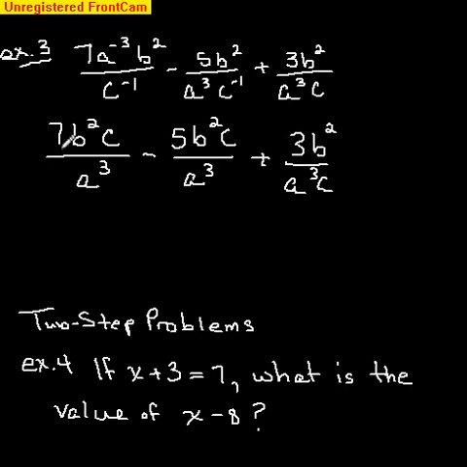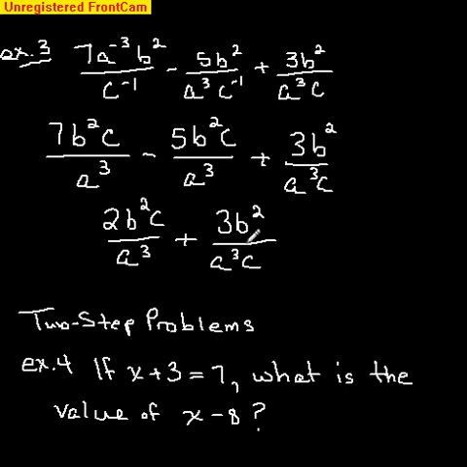So we're going to get 2b squared c over a to the third. And this guy isn't a like term, so we can't add the coefficients together, so he has to be alone. So we get 3b squared over a cubed c. So hopefully that all makes sense to you. Hopefully you're comfortable moving your variables around, making your exponents positive. And if not, we'll cover that in class.